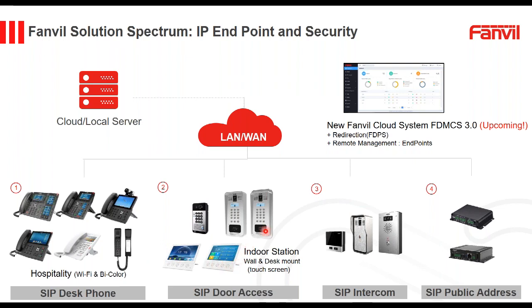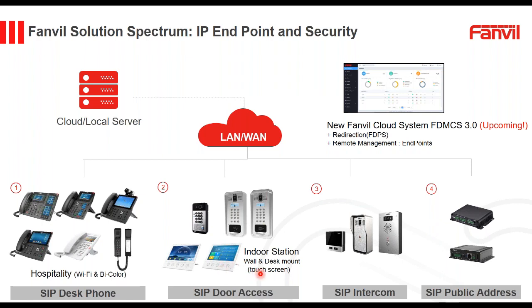Beyond the desk phones, we also have access points, where not only do we provide a solution for most office tables, but we also have front door access gates that allow people to either enter a code or use an RFID card to enter the office building. We have several different environments that go from indoor commercial to outdoor rugged environments that can handle high humidity and rain as well.